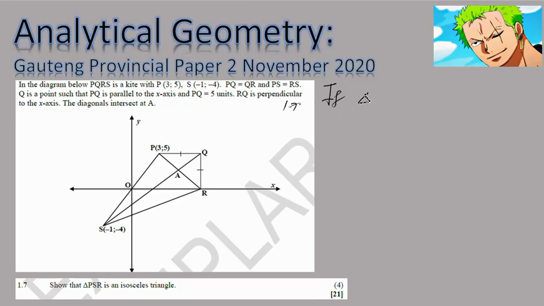If triangle PSR is an isosceles triangle, then PS is equal to SR. Good?